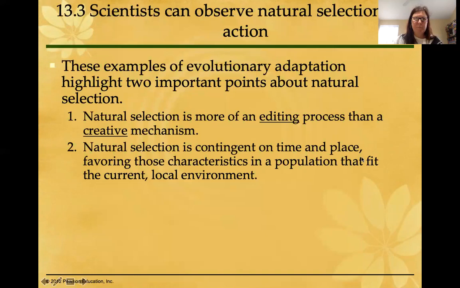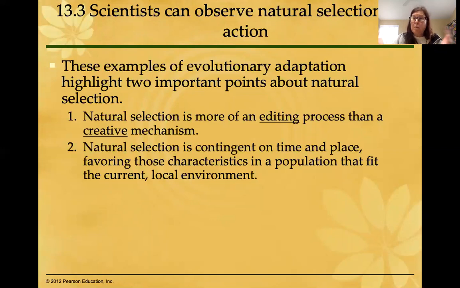So these examples of evolutionary adaptation highlight two important points about natural selection. One, natural selection is more of an editing process than a creative mechanism, right? So it's either a mutation that has occurred, it's been sitting there maybe dormant and hasn't caused anything, you would never know until the situation arises.